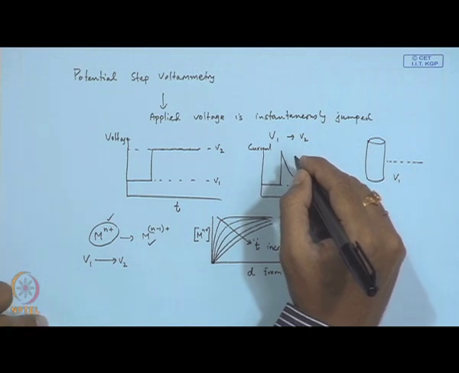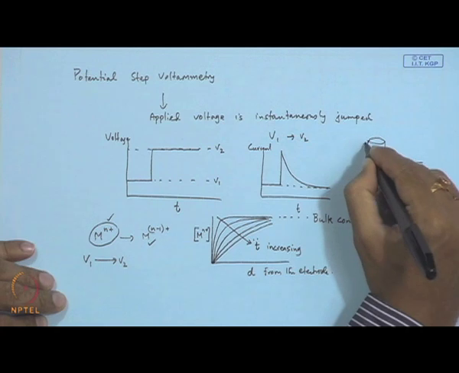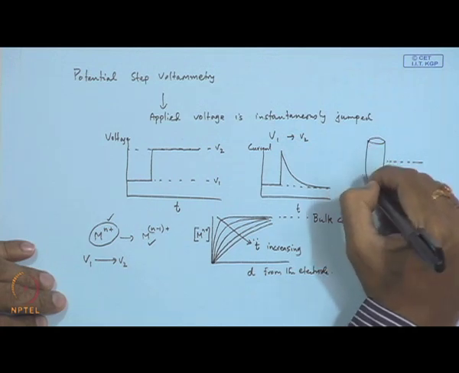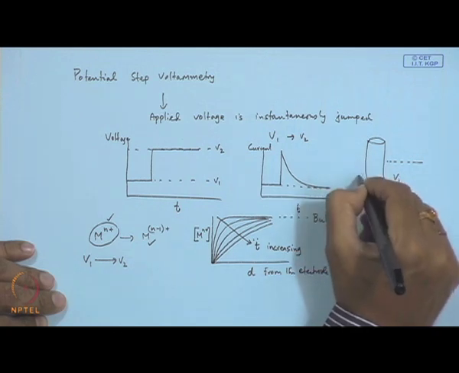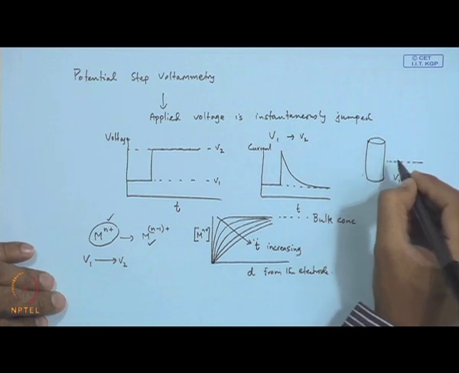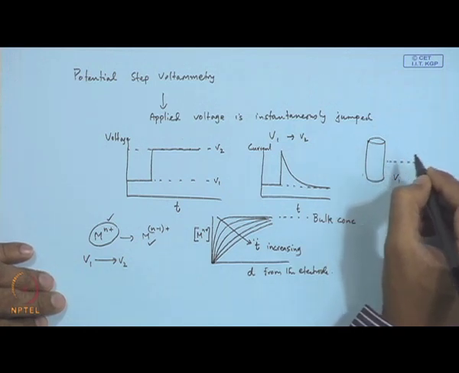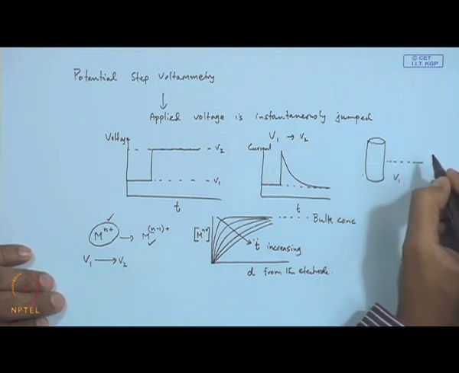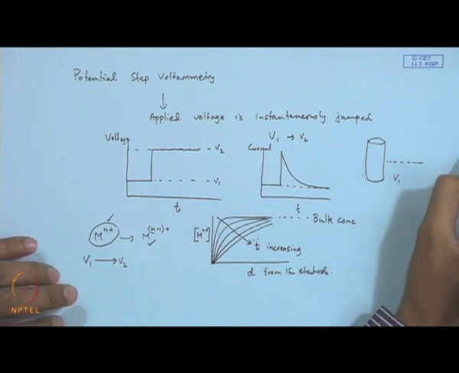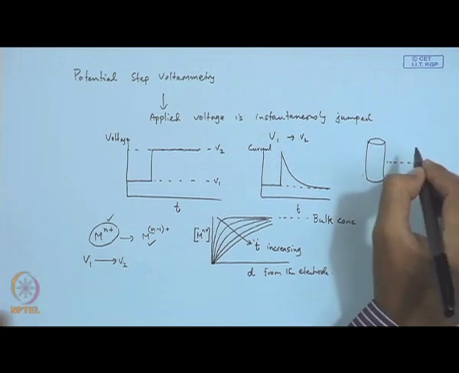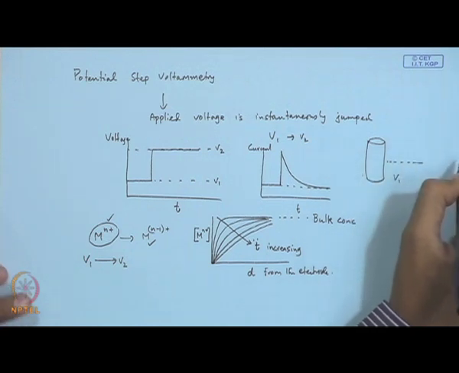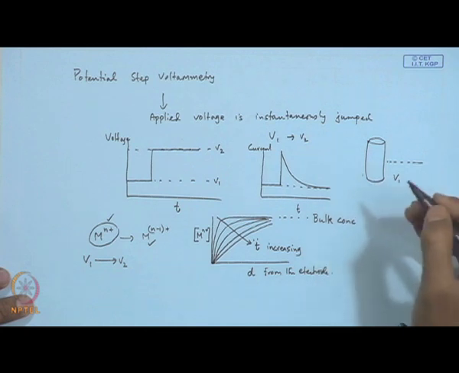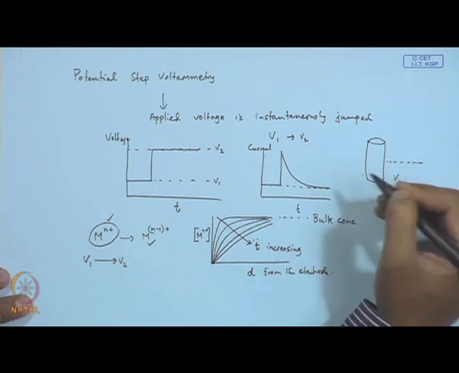The first layer of this metal is depleted. So the next layer of reactants should come through diffusion close to the electrode, and then the reaction will take place. For the reaction to continue, there is a need for the supply of fresh reactant, and this happens due to diffusion, therefore it requires time.